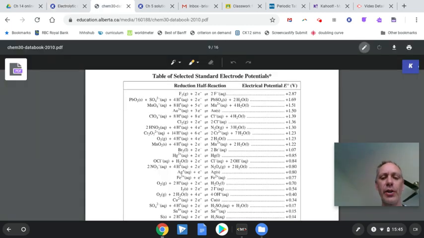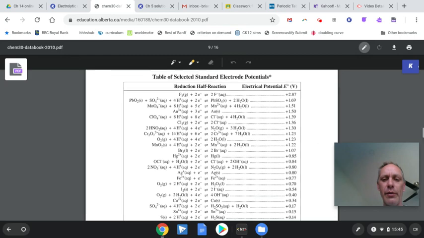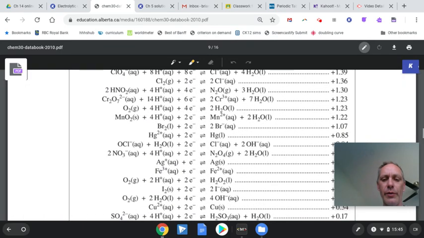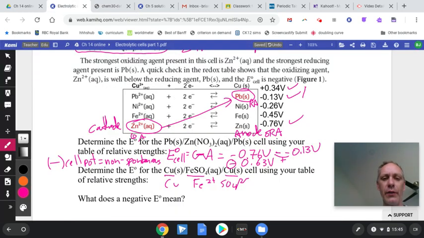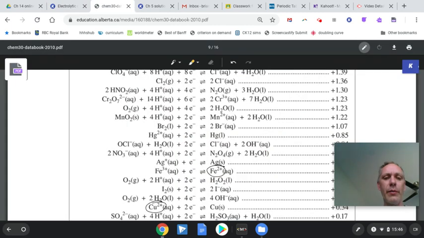So if we went searching on our table of relative strengths, we would find Fe2+ there and copper 2+ there. And they're also built in right here.